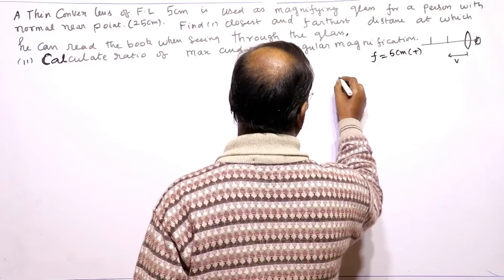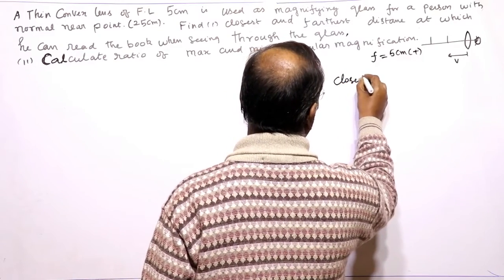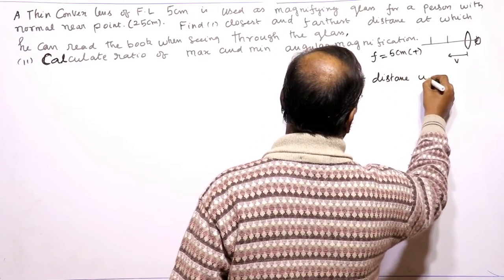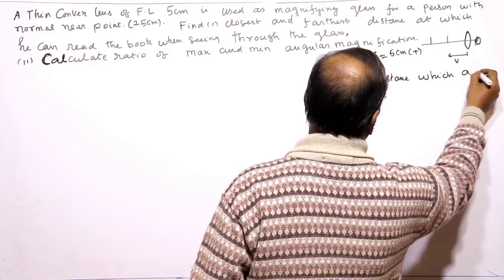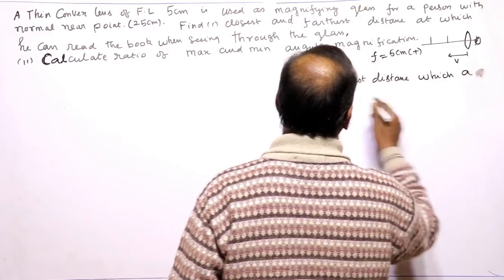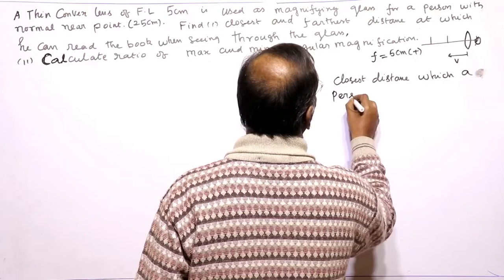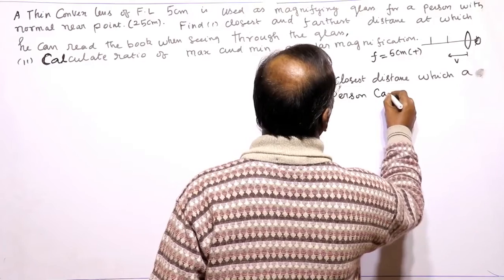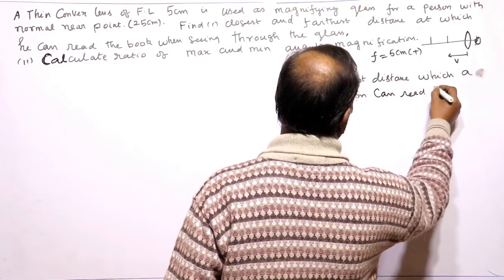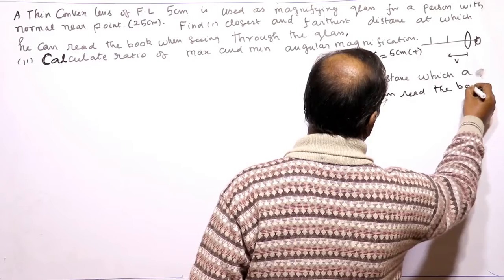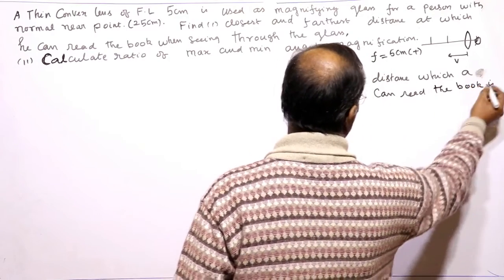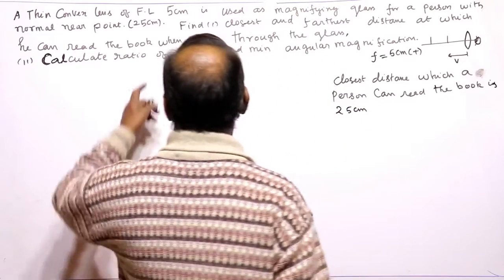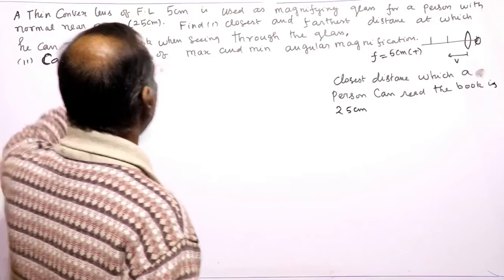The closest distance at which a person can read the book is 25 centimeter, because the person has a normal near point.